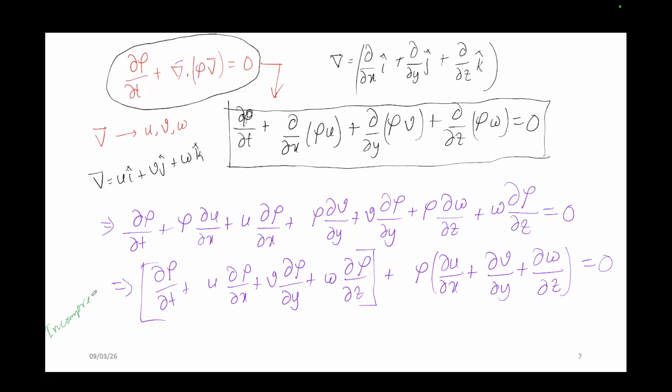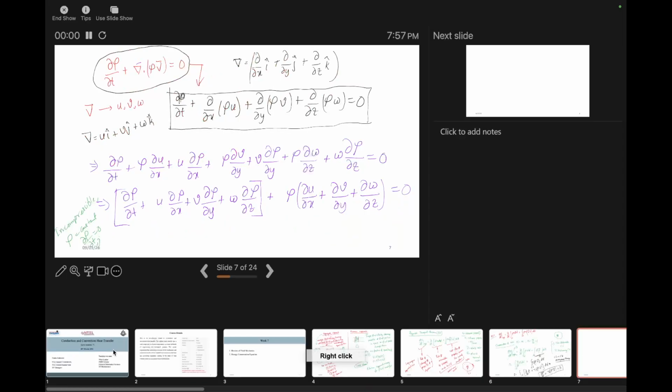Incompressible means density should be constant, right? So if the density is constant, each derivative should be 0, irrespective of whether you differentiate it with respect to t or with respect to x.